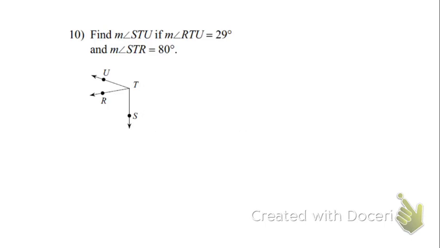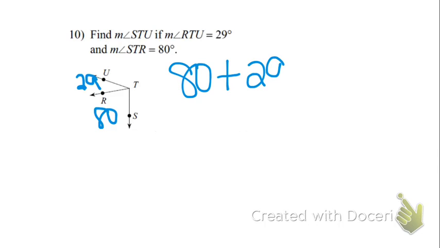So this next one tells me we want to find STU. So we want to find this big angle. If RTU is 29, if I can write it here, and STR is 80, so that's really easy. We just add 80 plus 29, and you get 109.